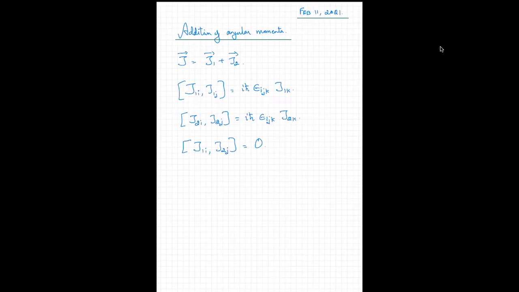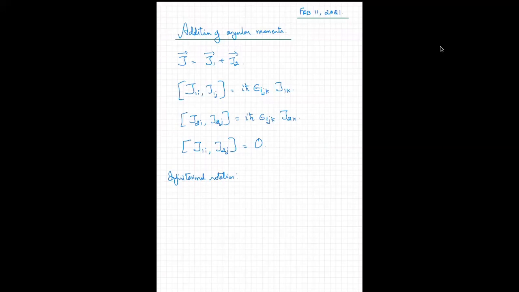So when I form the tensor product space of these two, I need to understand how a rotation acts. What is an infinitesimal rotation? It is basically the direct product of the matrices of the infinitesimal rotations acting on the one space and the two space.